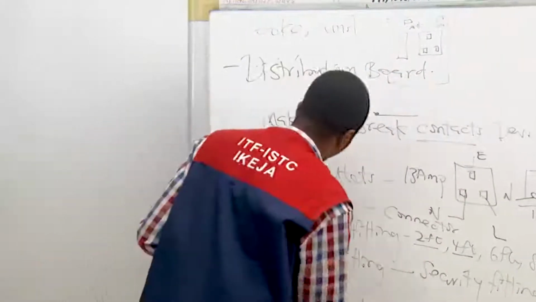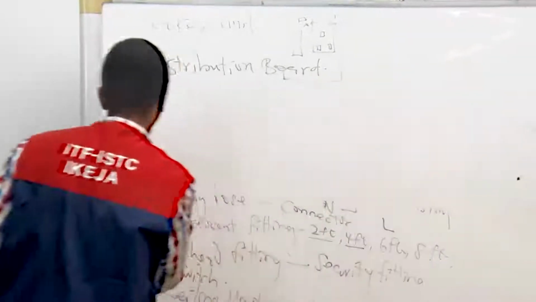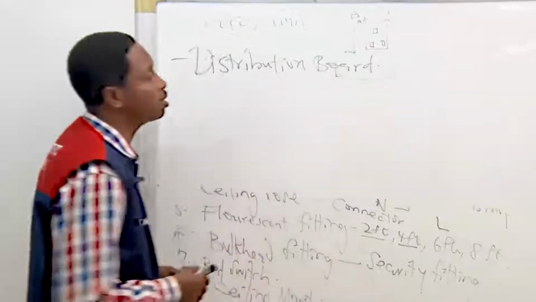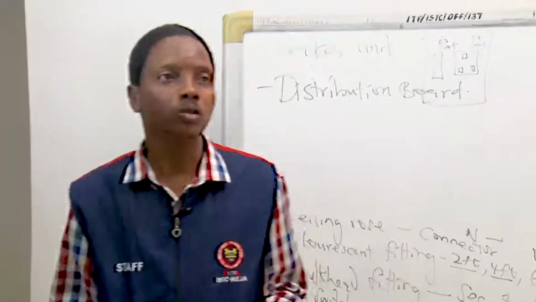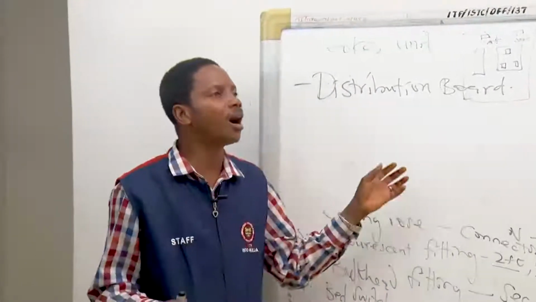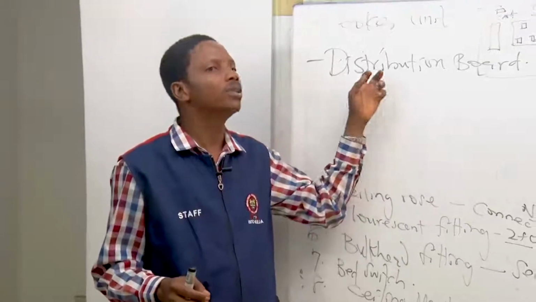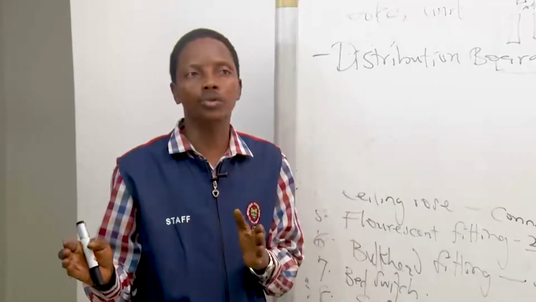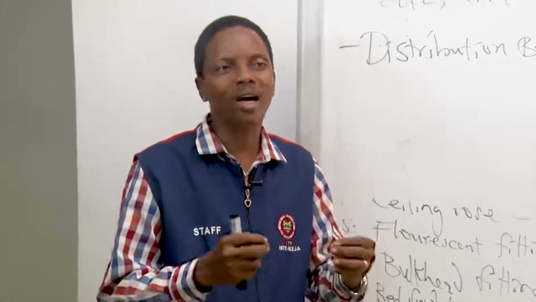Why is it that the distribution board is also measured as an electrical accessory? Because there is no place you are talking about an electrical wiring system without it. Without this, you cannot distribute the circuits as sub-final circuits.